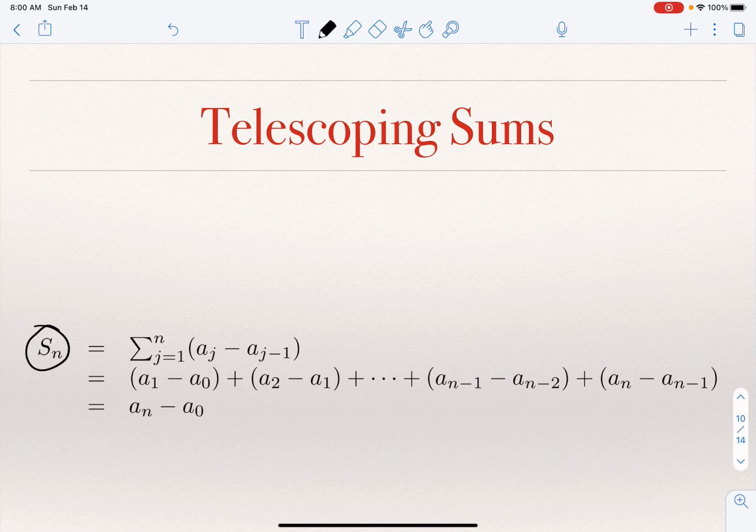When j is 2, it is a2 minus a1. When j is 3, it is a3 minus a2, and so on. If you look at this sum here, you will notice that the a1 and minus a1 will cancel out. You will see that a2 and the minus a2 will cancel out, and so on. At the end, all the way to the end, you will see that the a(n-2) would have cancelled out already.